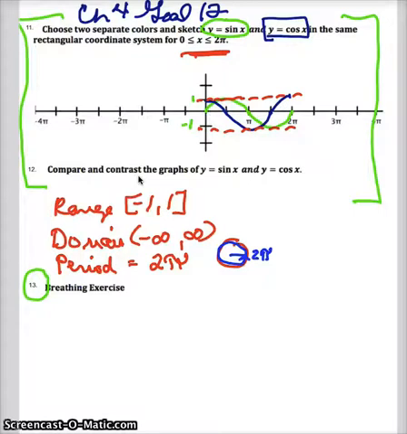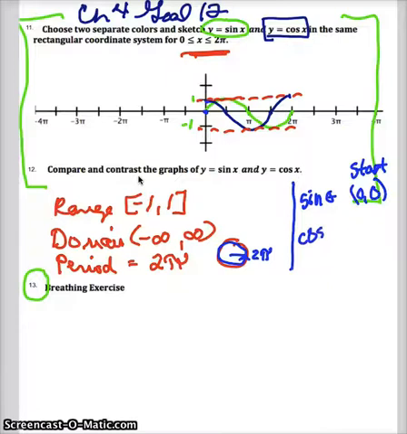Something that's different about the two functions that I hope you notice is their starting point. I want you to think of these graphs as the parent function, and so the parent function at 0 radians, the parent function for sine begins at the origin. 0, 0 is its starting point, while cosine has its starting point at 0, 1.